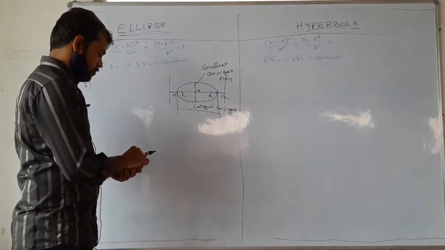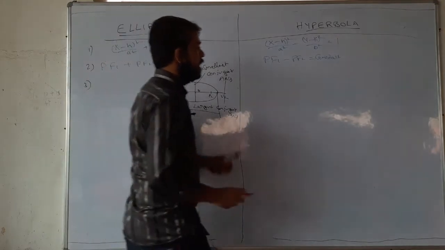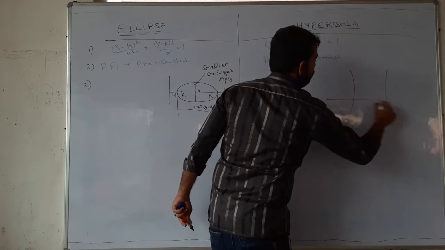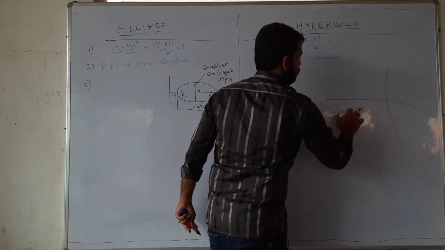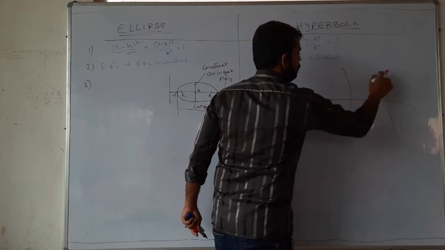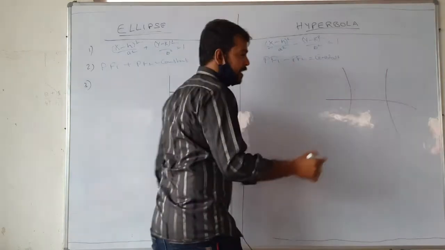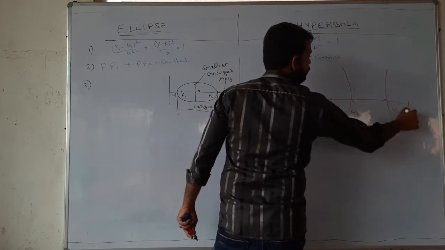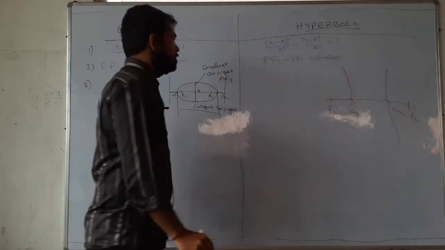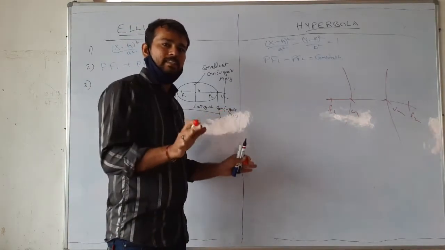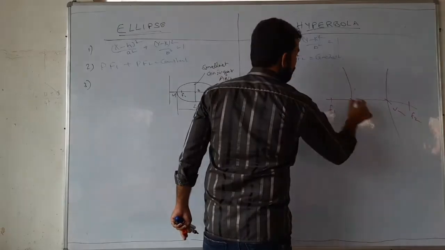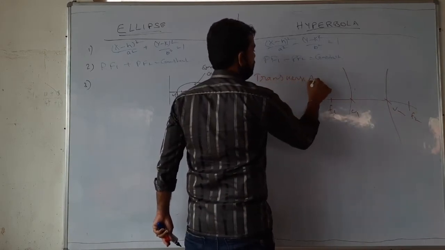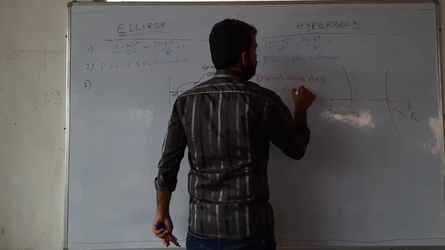Now here in the hyperbola, this is V1 and this is V2, and F1 will be here and F2 will be here. There is no major and minor axis. There is only one axis, which is called the transverse axis, V1V2.